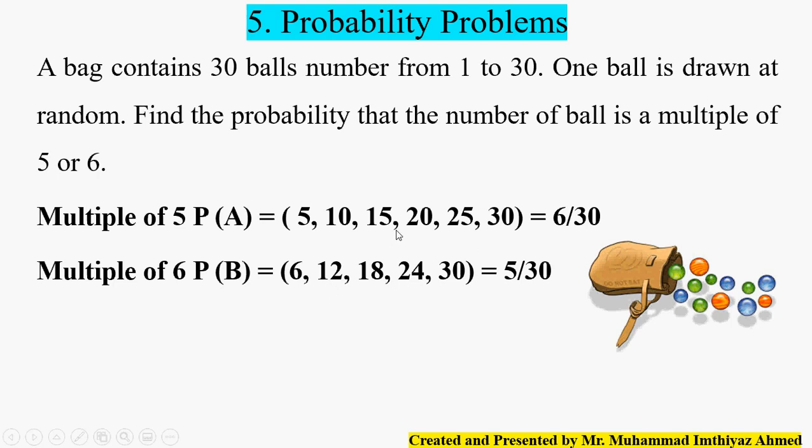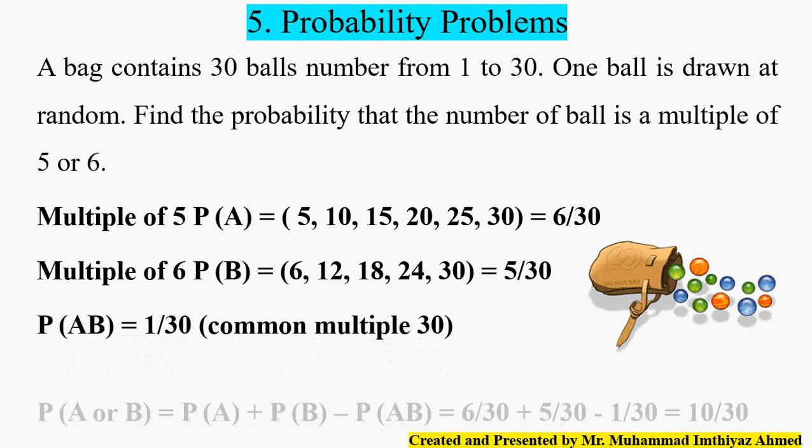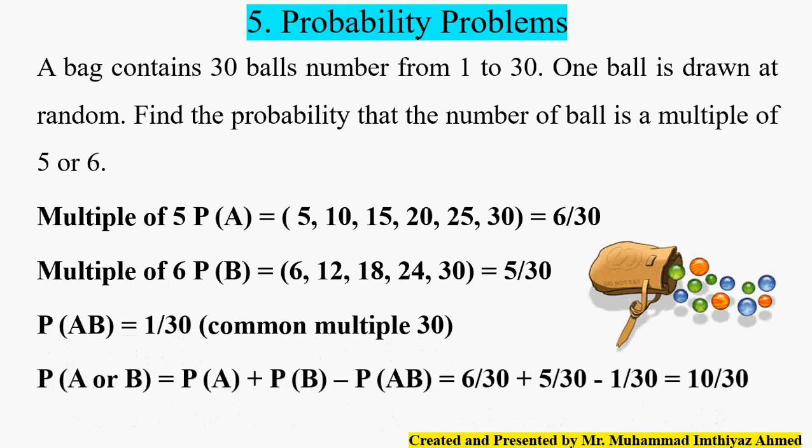Now we need to check, from the multiples of 5 and multiples of 6, what is the common number. The common number we get is only 30. So this one common number we need to subtract. So probability AB is 1 by 30, the common multiple 30. So we use the formula.